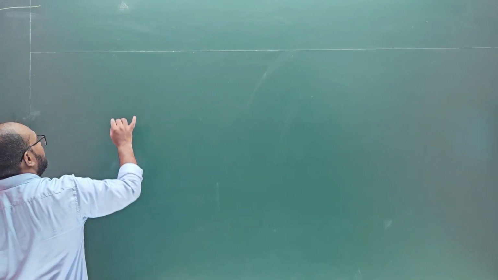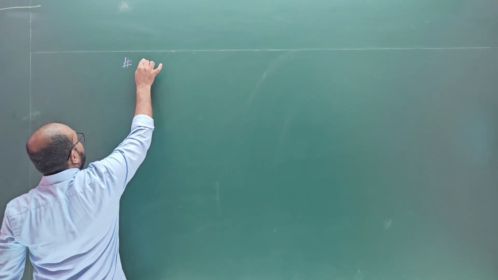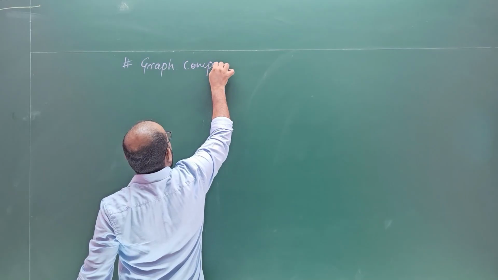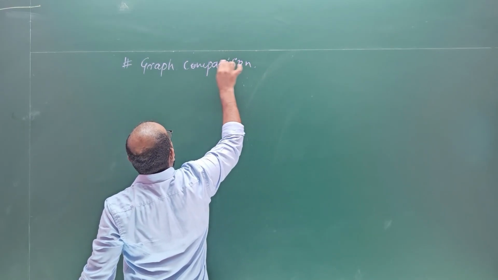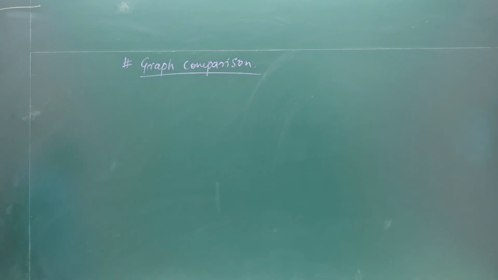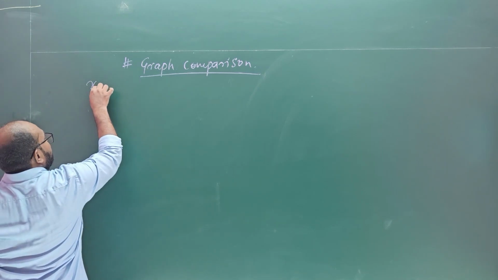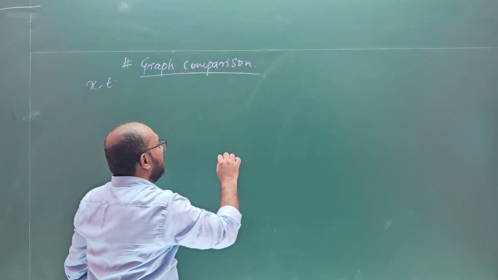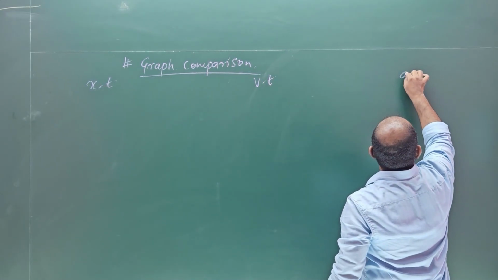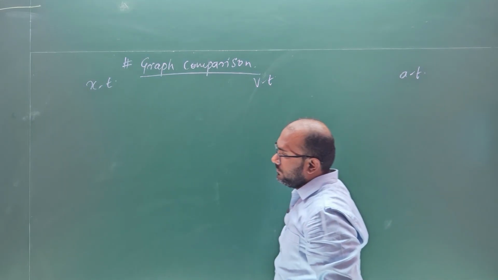Okay, shall I now write the next heading? Graph comparison. Now you will be telling the answers. First, I will ask the question, you tell the answers. Everyone, got my point? Now, over here, this is xt, and over here, I will be saying vt, and over here is at.